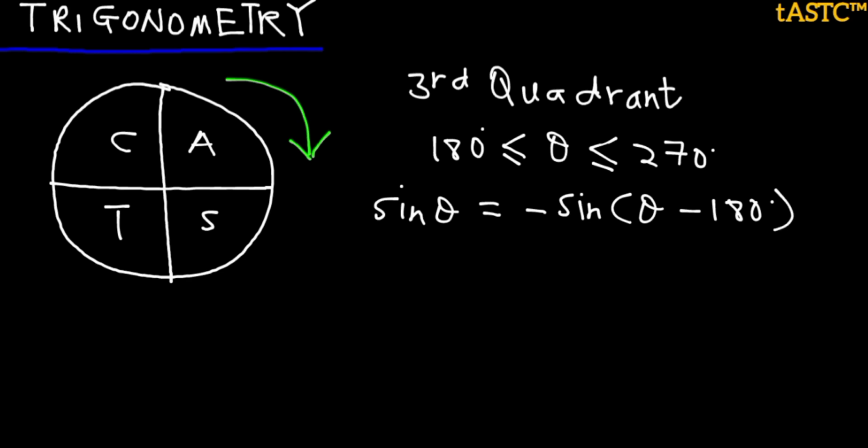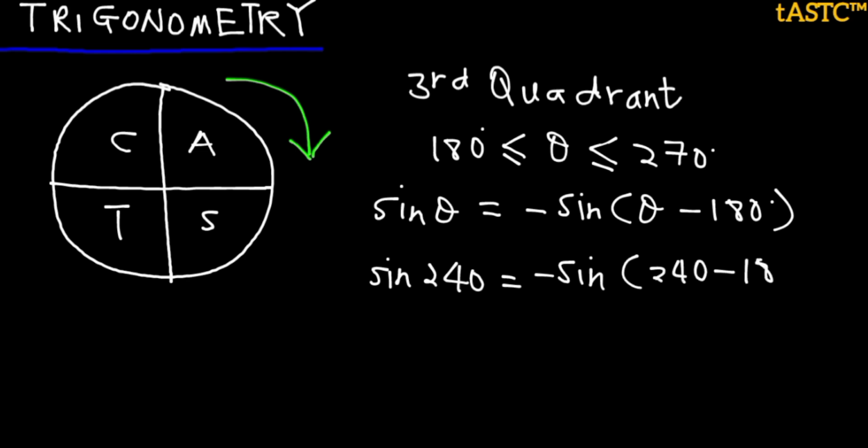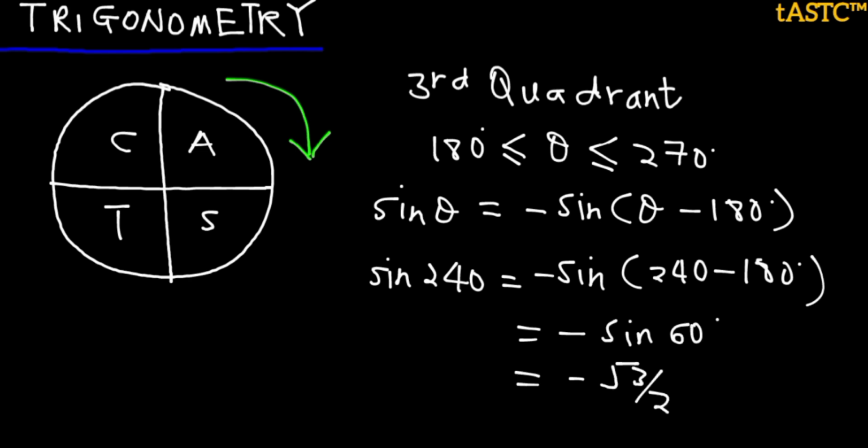So if you have, let's say, something like sine 240 degrees, that should actually be a negative sine 240 minus 180. So that will give you a negative sine 60 degrees, and so that will be a negative root 3 divided by 2.